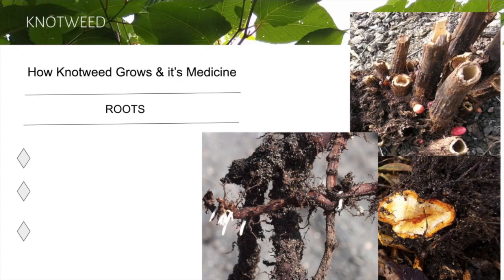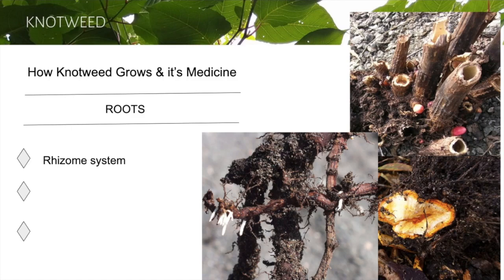On to the roots. So in the pictures, you can see what the knotweed roots look like. This picture in the bottom right corner gives you a good idea of the inside of the root, how it's that yellow orangey looking color. And knotweed grows in a rhizome system, so its roots spread out, and every year they spread more and more and more.